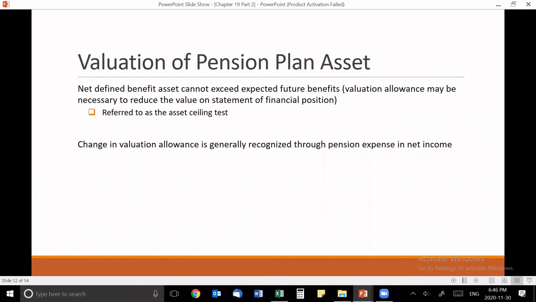But if the net amount is an asset, there is a ceiling of how much the asset can be recorded at. So your net defined benefit cannot exceed the expected future benefits that the retired members are going to get. If it does, then you'll have to reduce the amount. So there is a ceiling test where the asset can't be above a certain amount. And if it is, then you're going to have to bring down the asset amount, and that change is recognized in pension expense. I just want to make a note there.